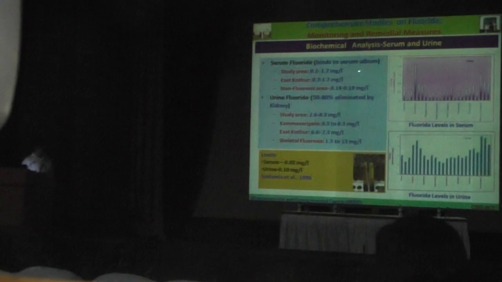Similarly, we tried to evaluate serum and urine samples in this affected area, and we observed that all the serum and urine samples showed exceedingly higher concentrations of fluoride. The limits are only 0.2 for serum and 1 for urine, but all samples exceeded the limits, which is towards skeletal fluorosis. Based on this data, we have suggested some remedial measures to the government authority, giving the conclusion in the chapter.